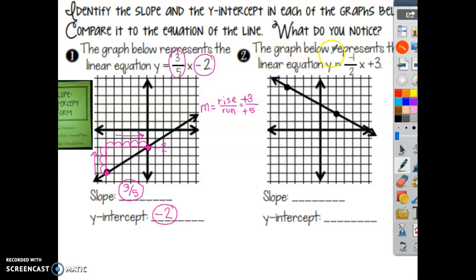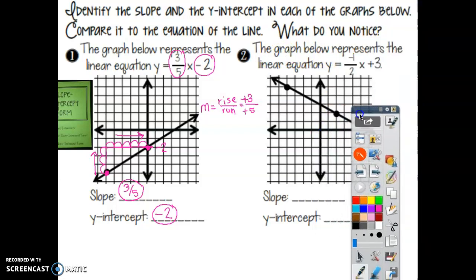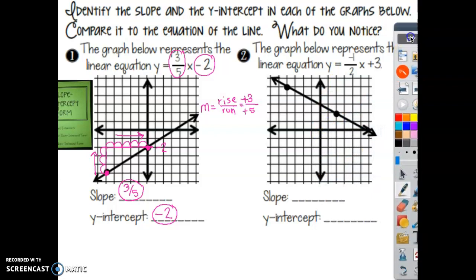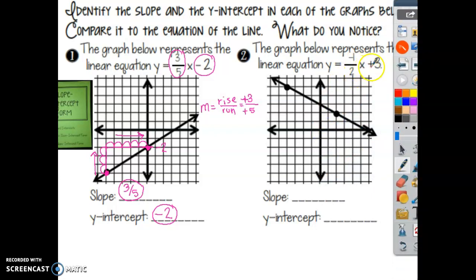We have the graph below that represents the linear equation y is equal to -1/2 x plus 3. So again, we have 2 points from here to here, right? But let's find our y-intercept real quick. Our y-intercept is 1, 2, and 3 units above the origin.